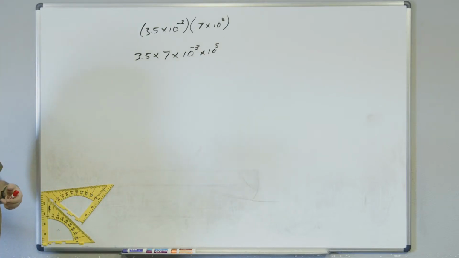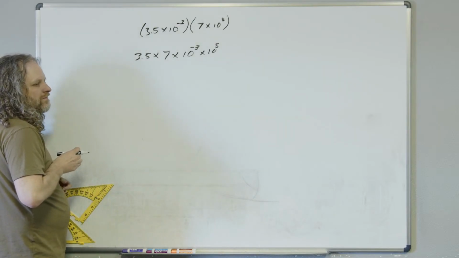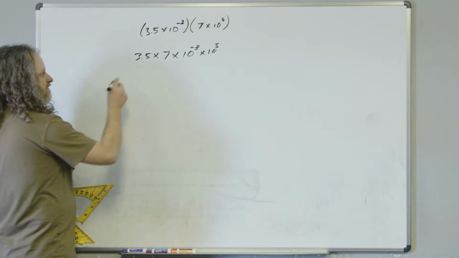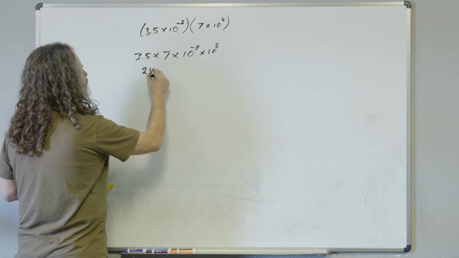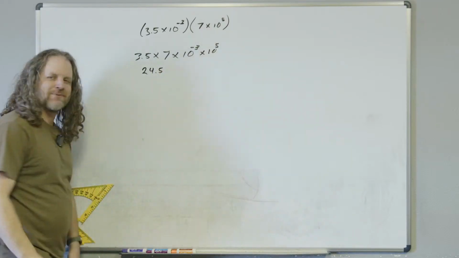What can we do now? Multiply what? Great. What's 3.5 times 7? 24.5. Over here, we got like bases multiply.